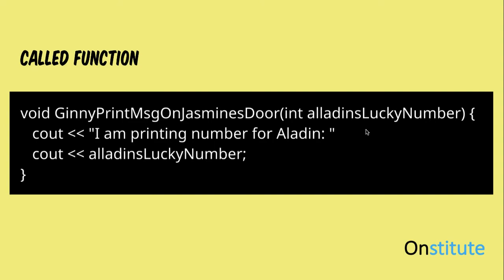And that is exactly what happens in a C++ program. There is no relation between the function parameter name when it is called and inside the function. They can be different.